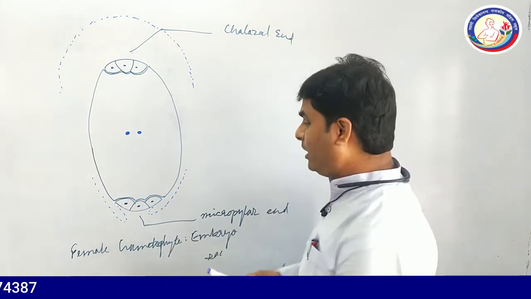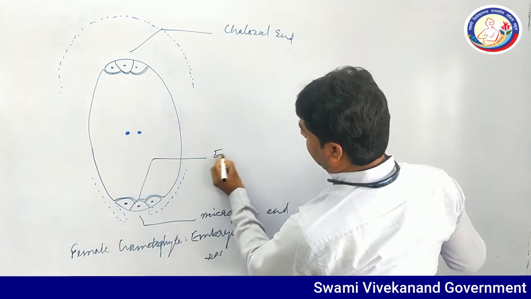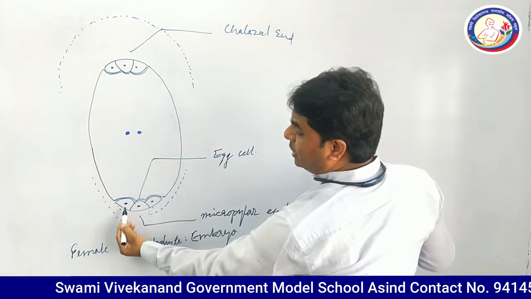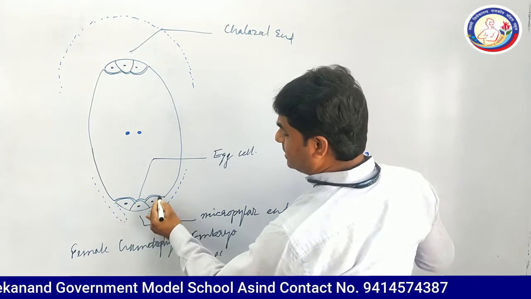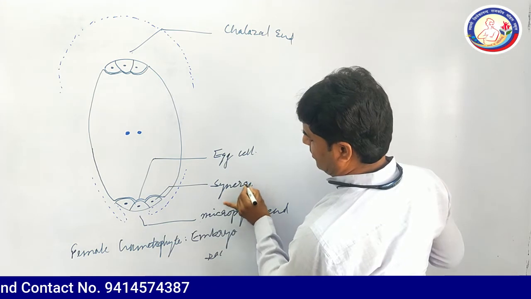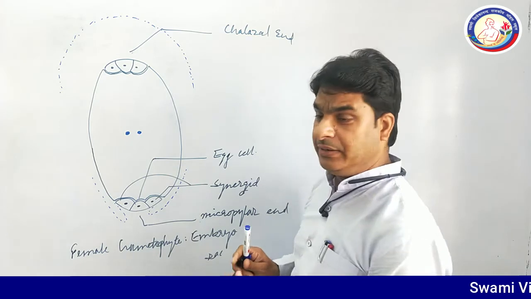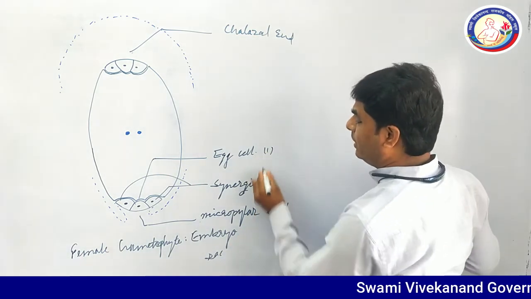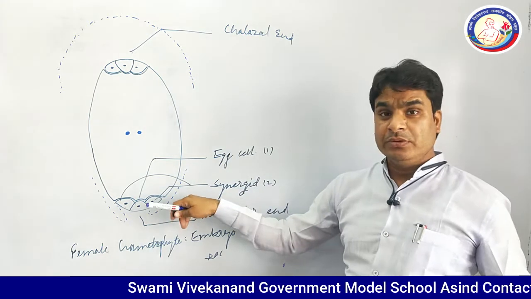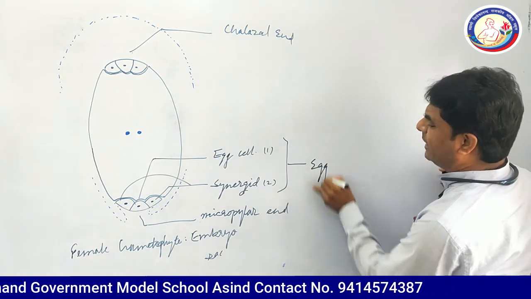The central cell of the micropylar end is known as the egg cell. It is surrounded by two different cells, known as synergids. So this is 1 in number, these are 2 in number. The group of these three cells is also known as the egg apparatus.